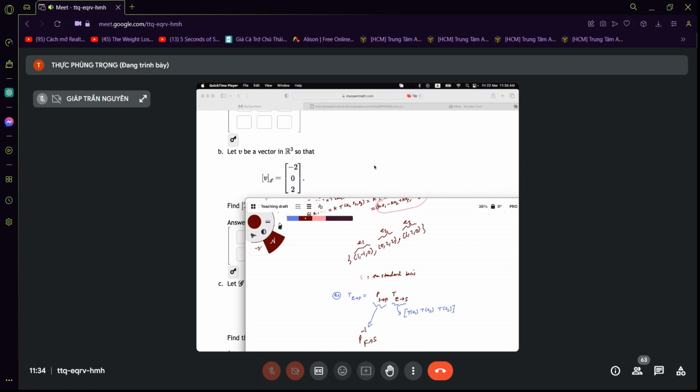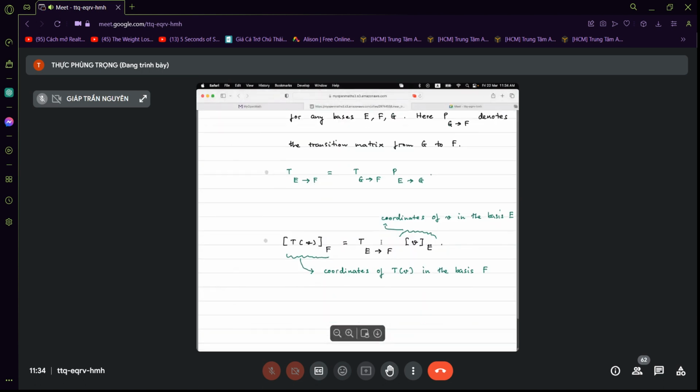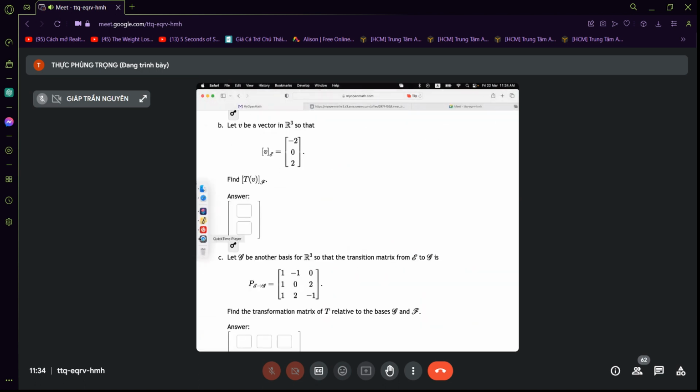So for the second part of the question, we find the coordinates of T of V in the basis F given the coordinates of V in the basis E. So for that, we can use this formula.